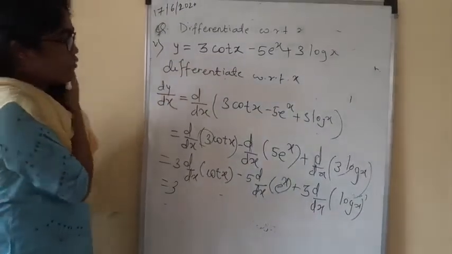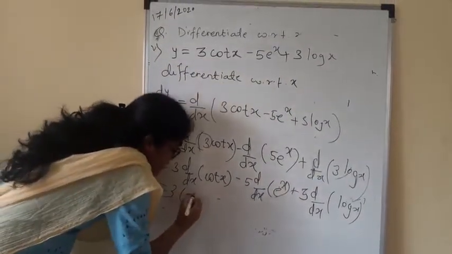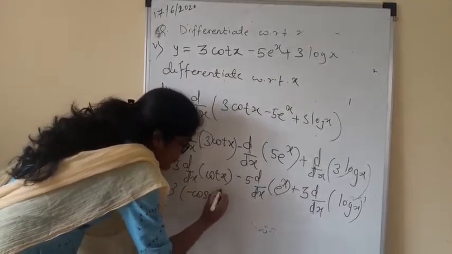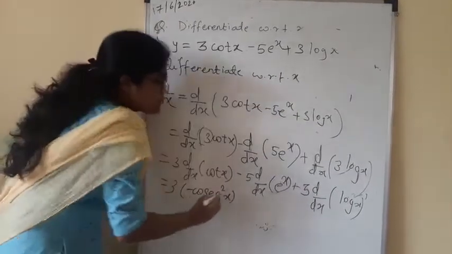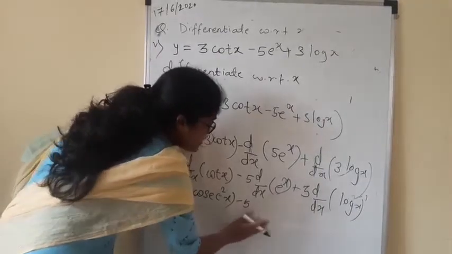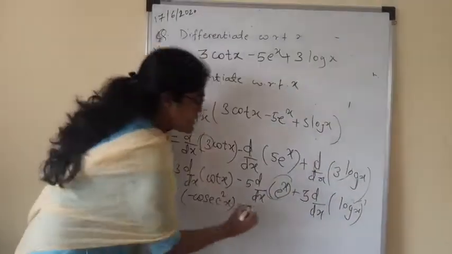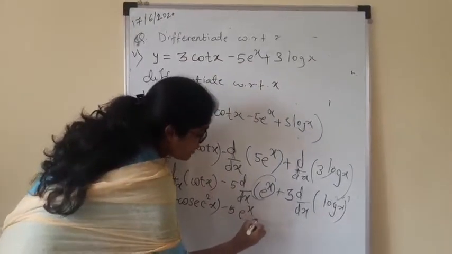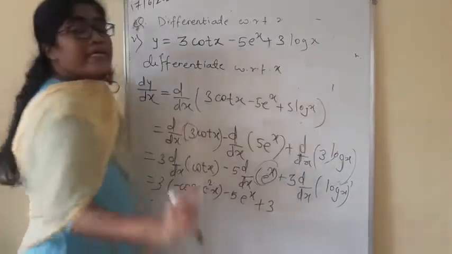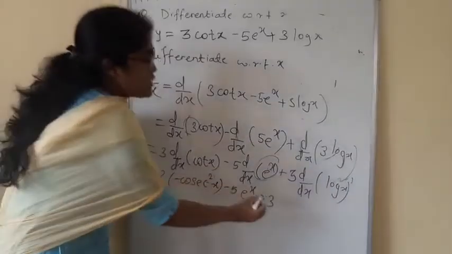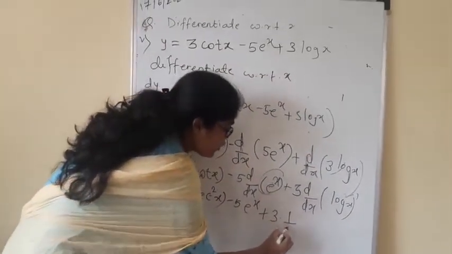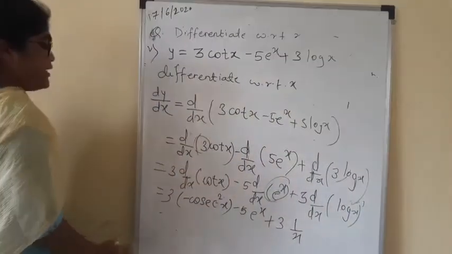The derivative of cot x from that table is minus cosec square x, minus, we know that the derivative of e raised to x is e raised to x only, plus 3 into the derivative of log x. We have seen in that table the derivative of log x is 1 by x.